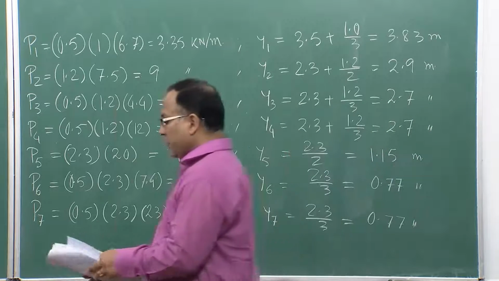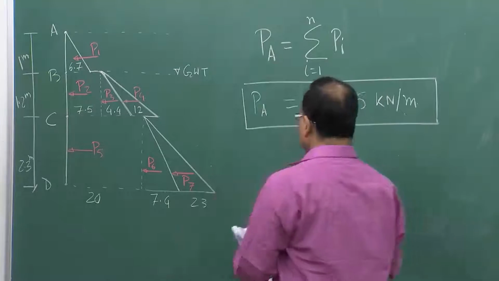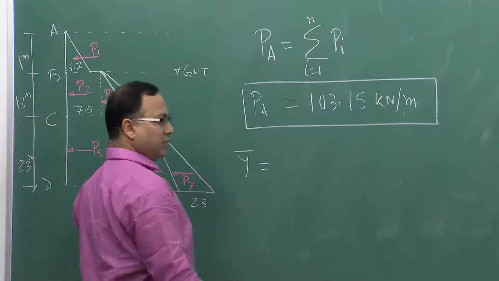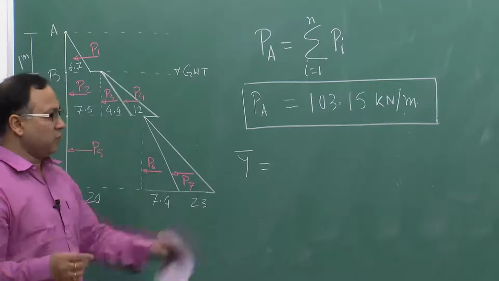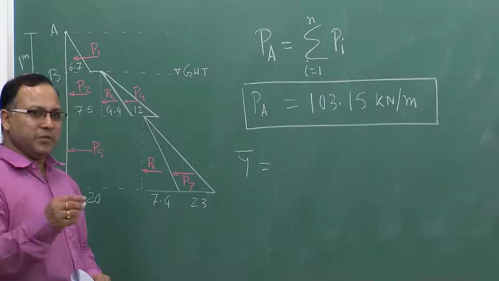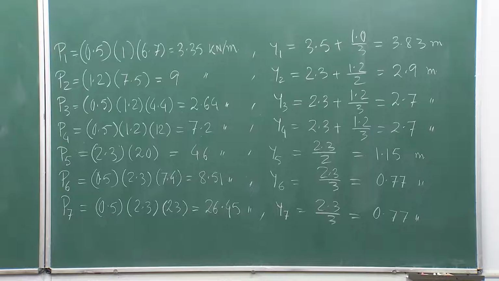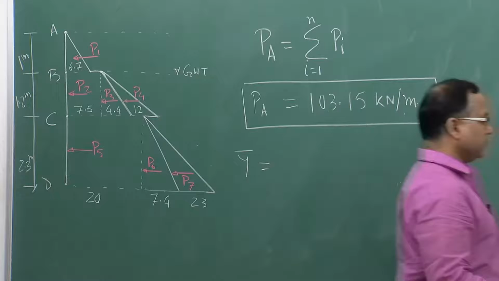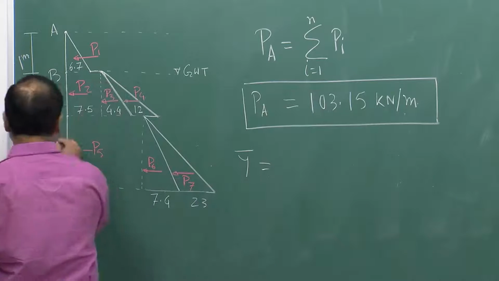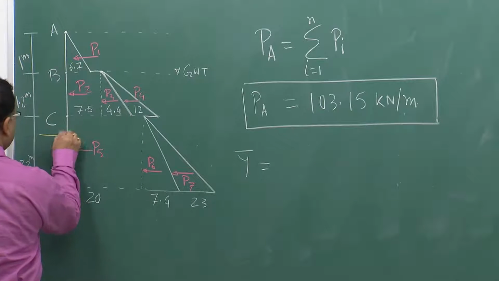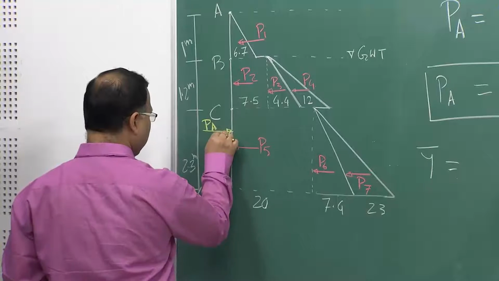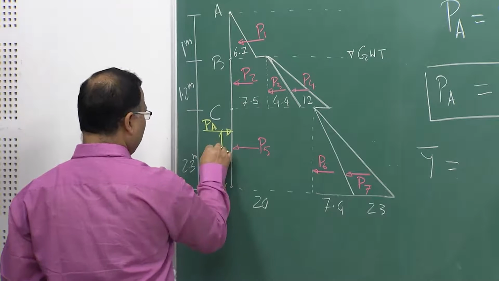Now, what is the point of application of this thrust? If I want to find y bar, that means from the base. So, y1 to y7, everything is measured from the base of the wall, so y bar is also from the base of the wall. So, say this is my PA and this is my y bar.